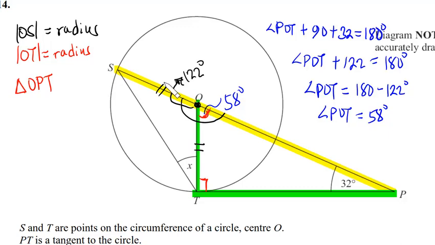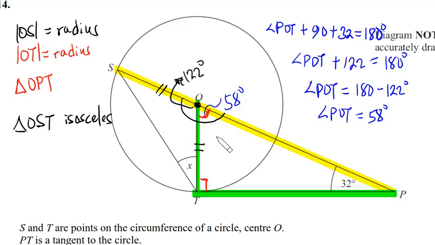Distance from center to circumference OS, distance from center to circumference OT. Now this implies that triangle OST is isosceles. Why do we call triangle OST isosceles? When two lengths of a triangle are the same, it is an isosceles triangle.